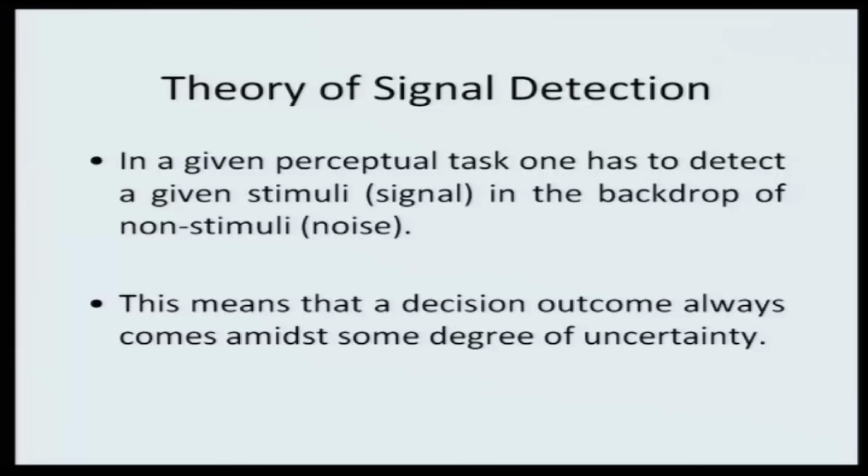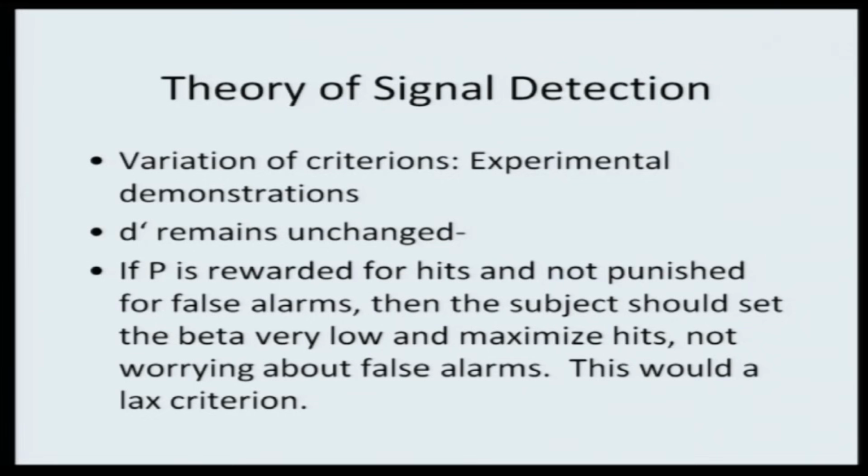So, in a given perceptual task, one is always supposed to detect the signal, that is the stimulus, against a non-signal, that is the noise. And this means that the decision outcome always comes amidst a certain degree of uncertainty. You are not very certain; the strength of the signal plays an important role, and your sensitivity plays an important role.